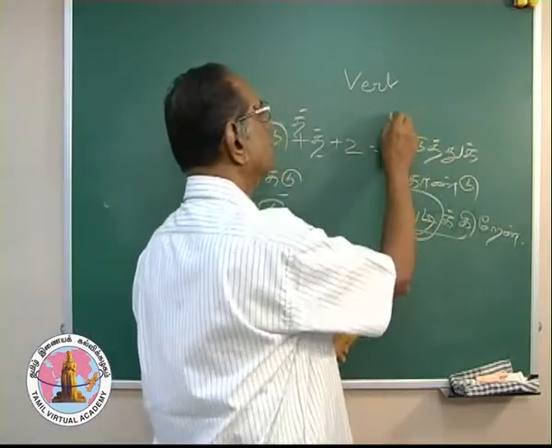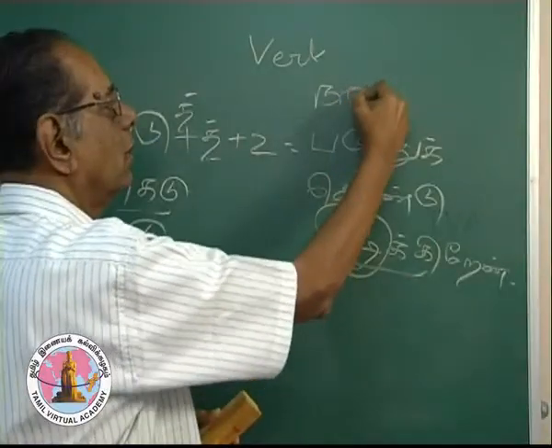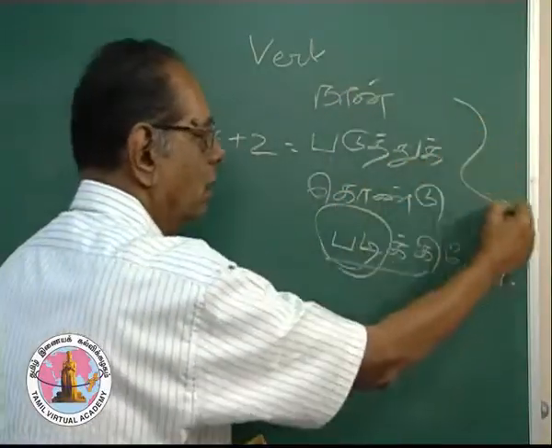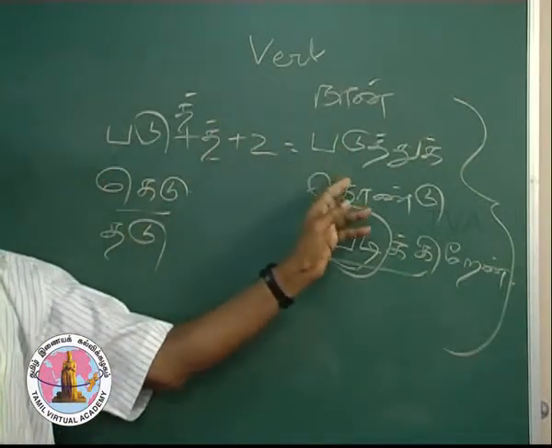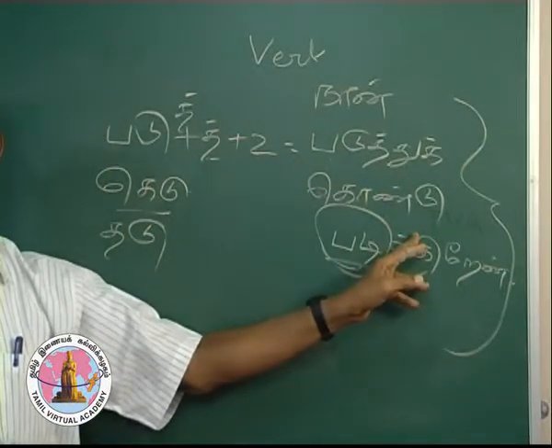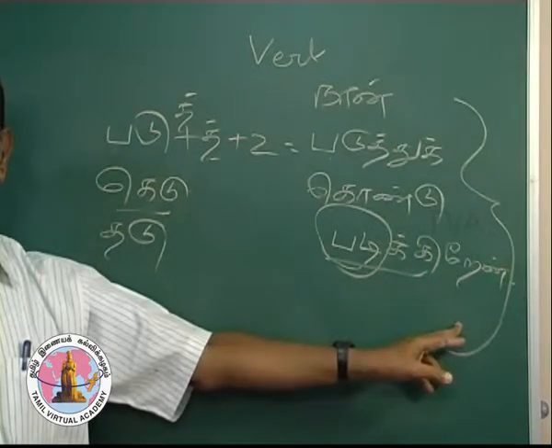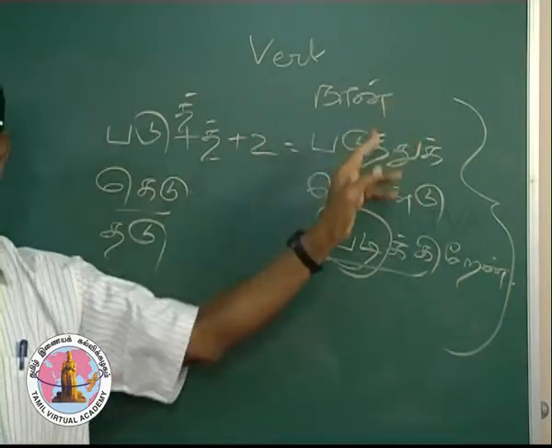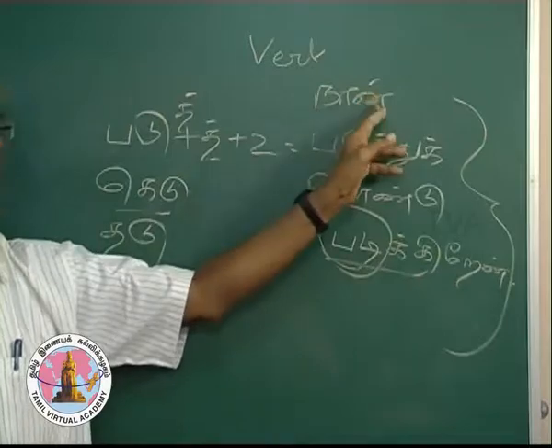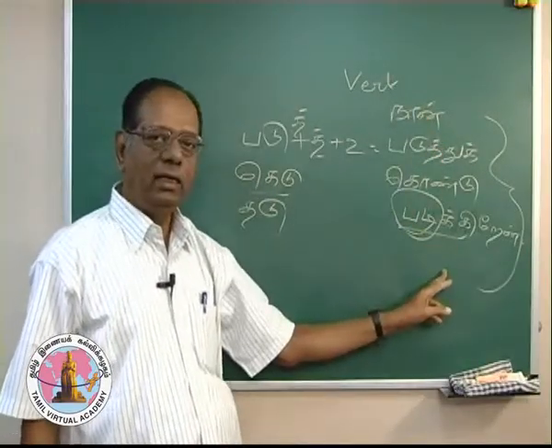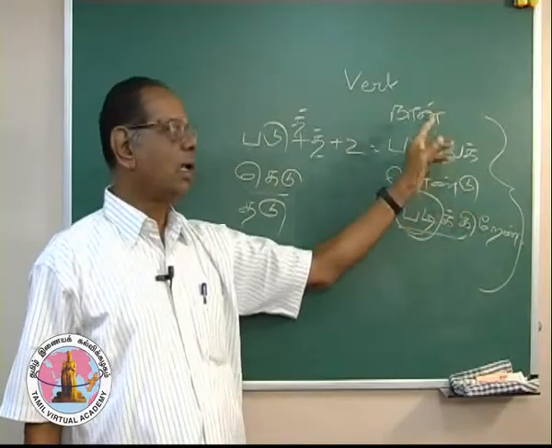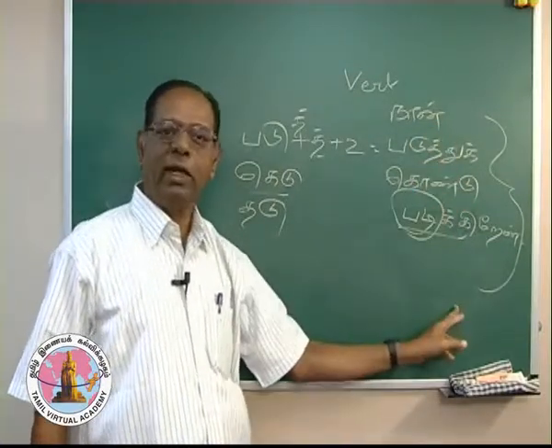Nan, read it this way. Nan paduthukondu padikkiren. Nan padikkiren. I read. I read lying down. நான் படுத்துக்கொண்டு படிக்கிறேன்.